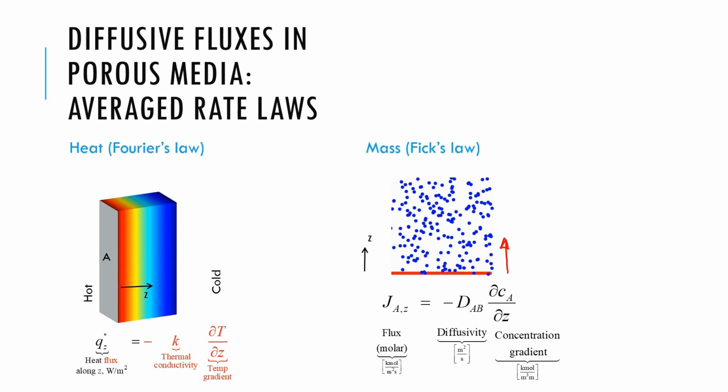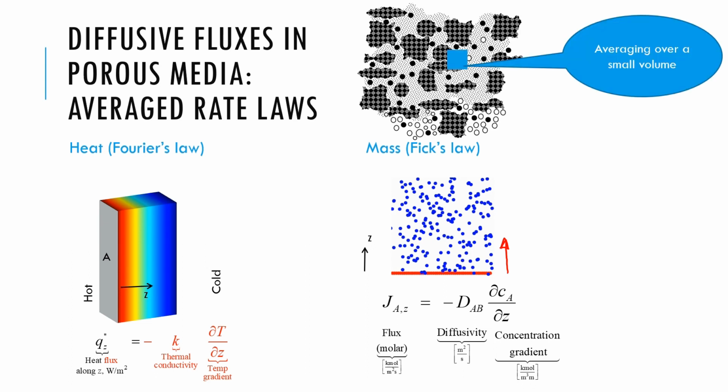These are extended to porous media by what's called averaging. So they're averaged over some small representative elementary volume that is discussed in other places in this series of lectures, but the quantities are all averaged over this representative elementary volume.